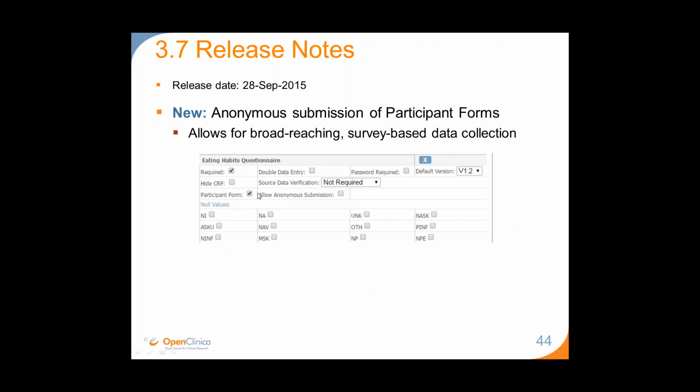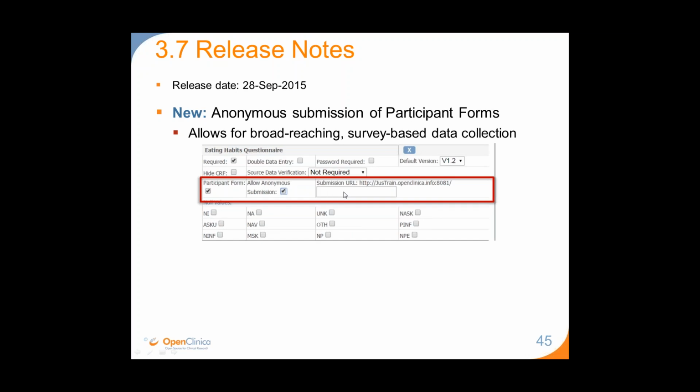When you click that option, you'll see a link or another option for allowing anonymous submission. If you click that link, you'll be prompted for a URL. And you'll complete that URL as follows. It must be unique for the study. It cannot contain spaces.